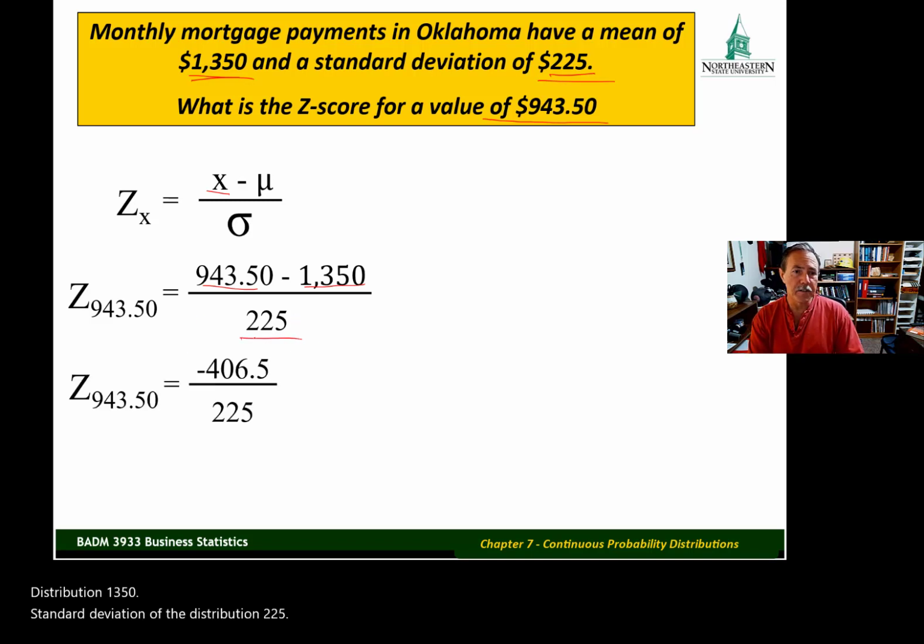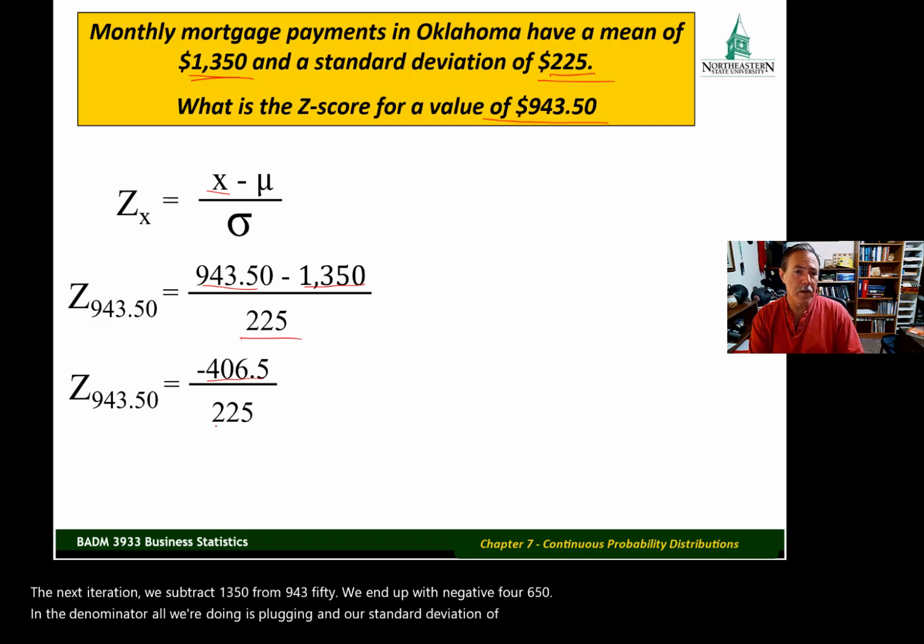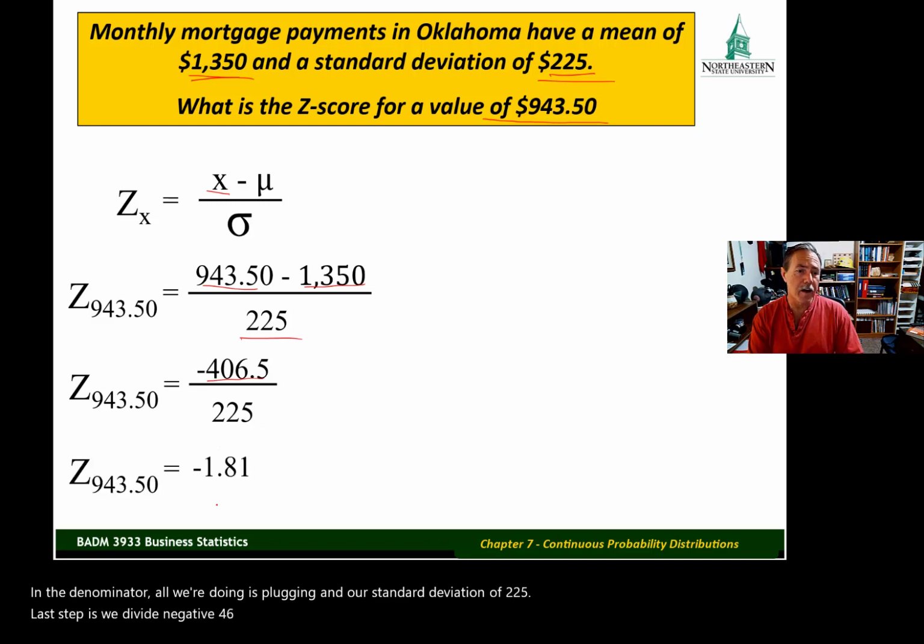The next iteration, we subtract 1350 from 943.50. We end up with negative 406.50. In the denominator, all we're doing is plugging in our standard deviation of 225. Last step is we divide negative 406.50 by 225, and we end up with a z-score of negative 1.81.